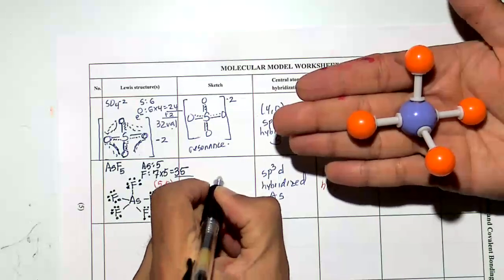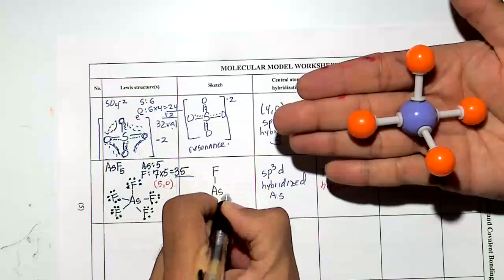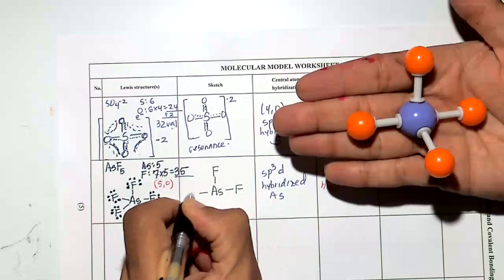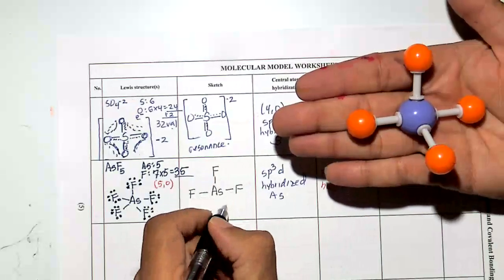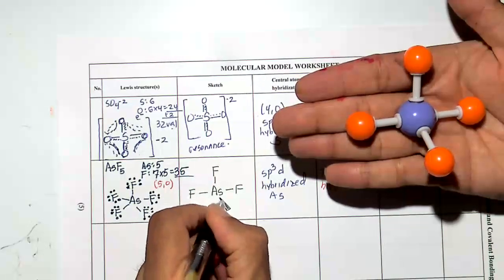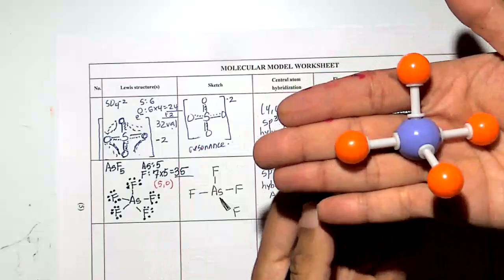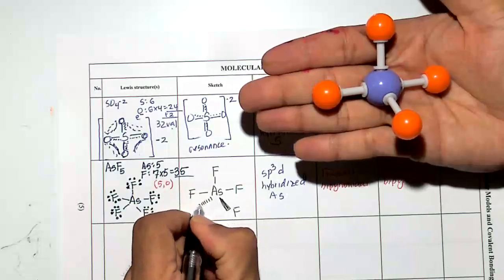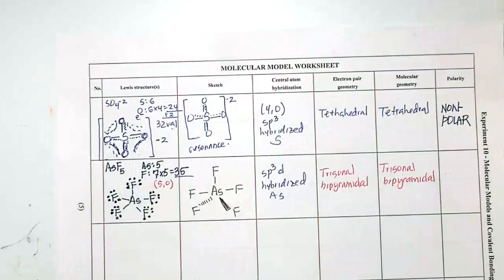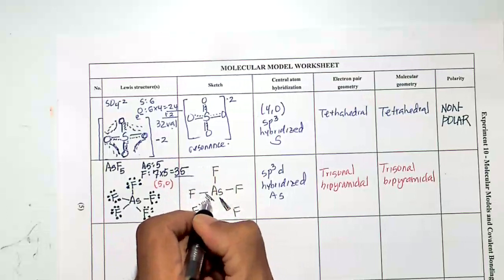I'll have the As here. I'll have the fluorine here, fluorine here, fluorine here. What about this one? Wedge. Okay, what about the one behind? Dash. Okay. That's how we would do AsF5.